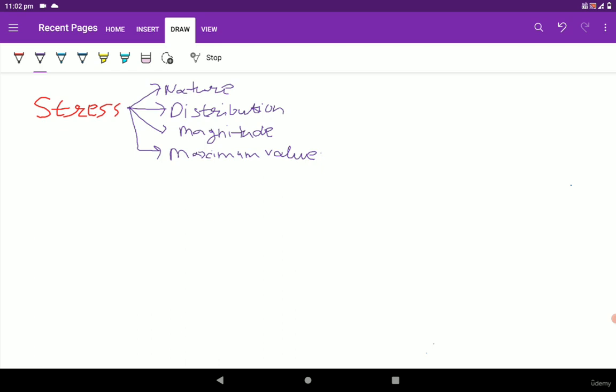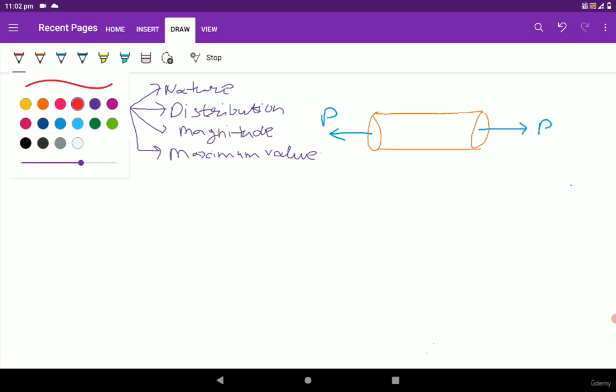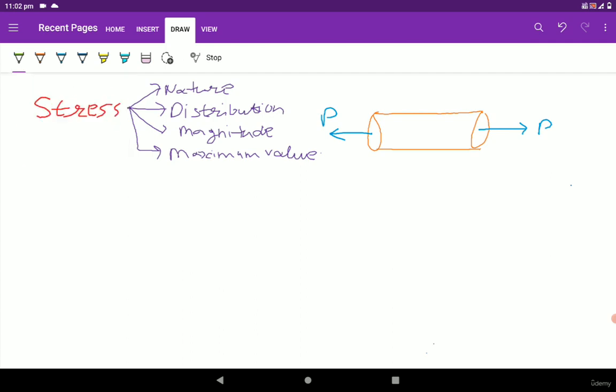Now suppose there is a cylindrical workpiece looking something like this. Now it is subjected to some axial load of magnitude P. Now we are going to take some element here at this cross section.